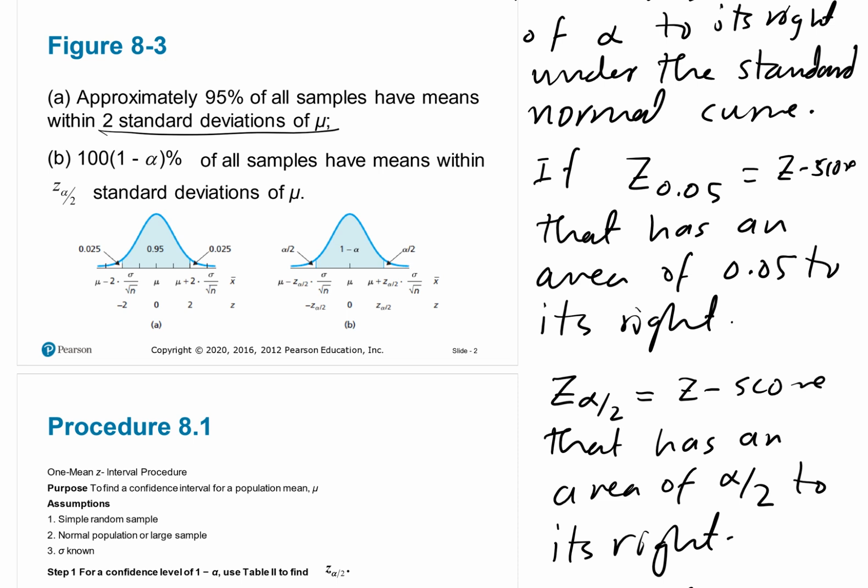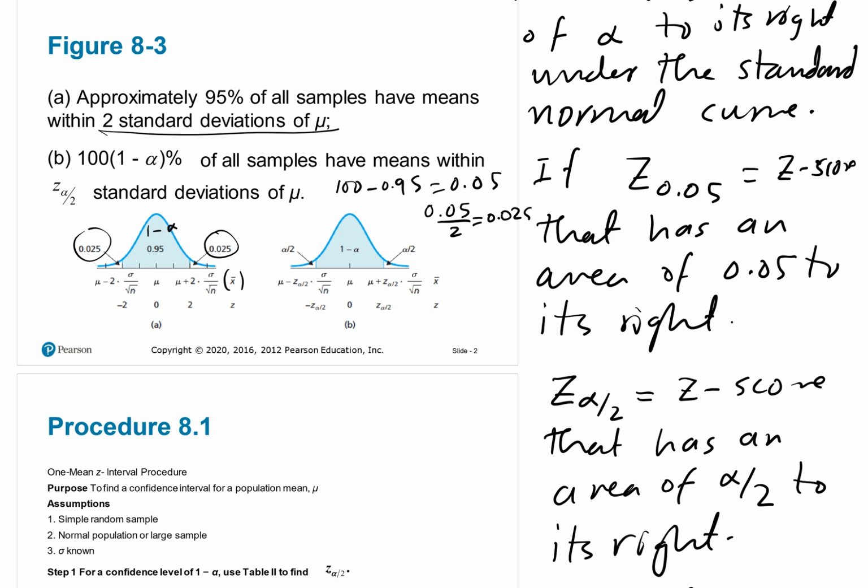To represent this on the graph, the first line represents x bar, the mean, and that's the 95%. This is the 1 minus alpha, and if you take what's left from 100%, that's 0.05, divided by 2 gives 0.025. That's why we have 0.025 on each side by symmetry.